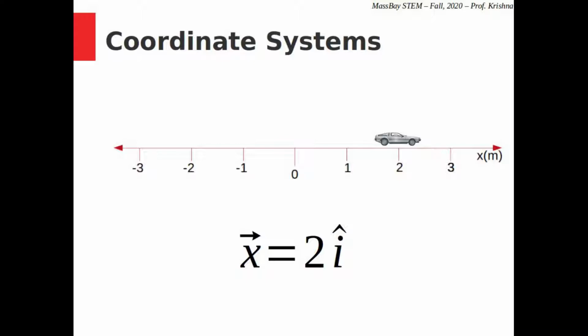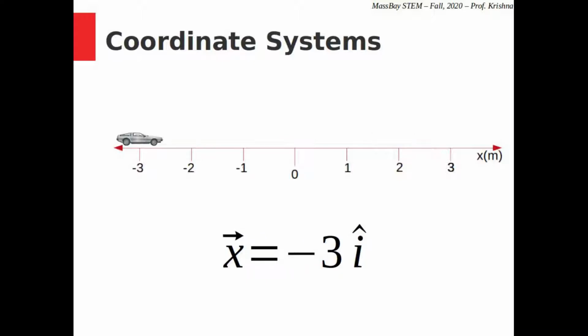Hence, the position is positive. And over here, the car's position is negative 3 i hat meters. 3 meters left of the origin along the x-axis. So this coordinate system gives us an unambiguous way of locating the car, and it uses vectors to do so.